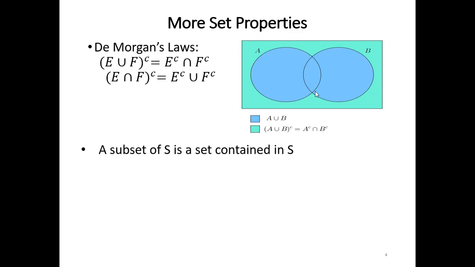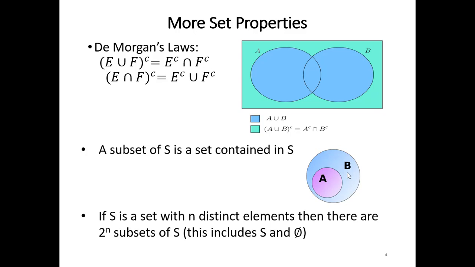Another important idea is that of a subset. We say a subset of S is a set that's contained in S. So it's simply a set within a set. So here we would say that A is a subset of B. And one more important property of sets, this will come up in probability and anytime we need to do some counting.